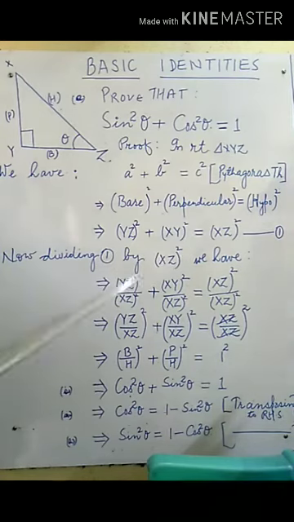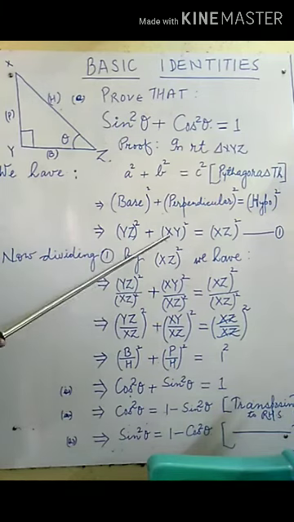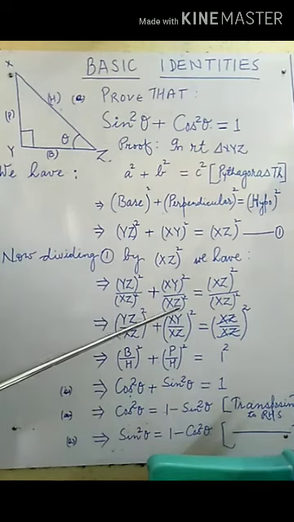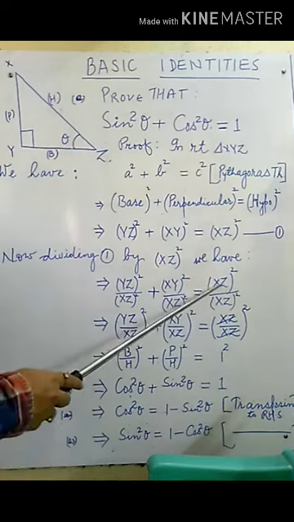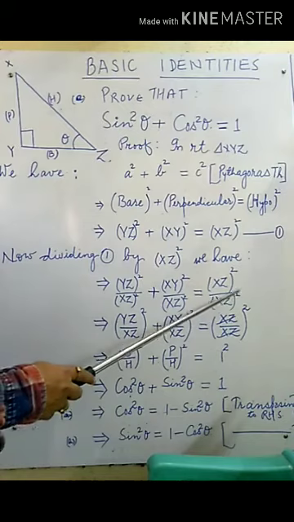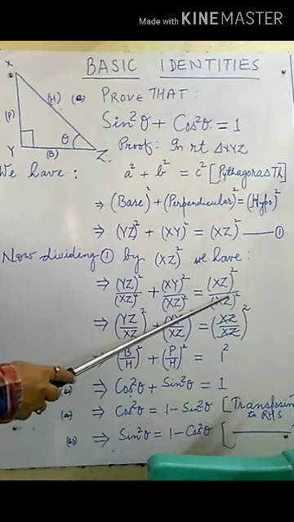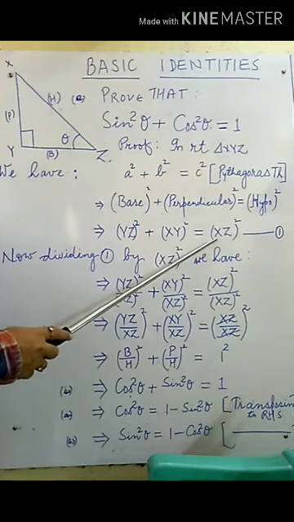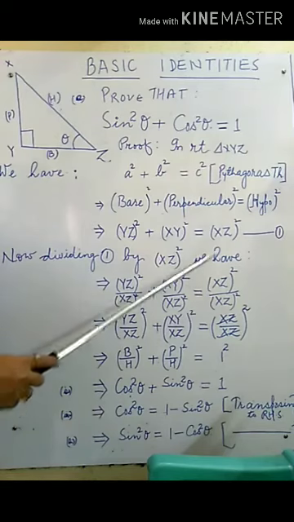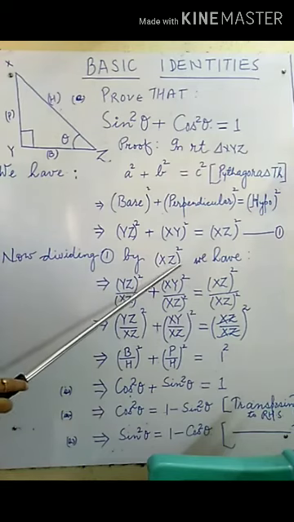See, YZ whole square divided by XZ square, plus XY whole square divided by XZ whole square, equals XZ whole square divided by XZ whole square. What is the difference between this and the earlier one? This one is without division and this one is after division by XZ whole square.